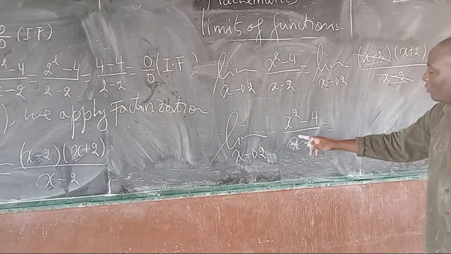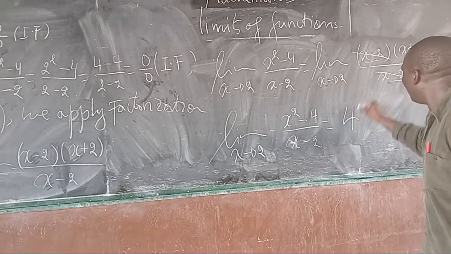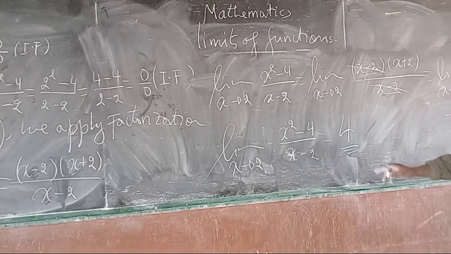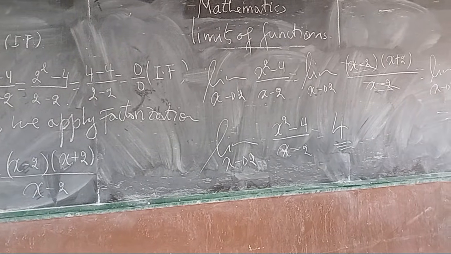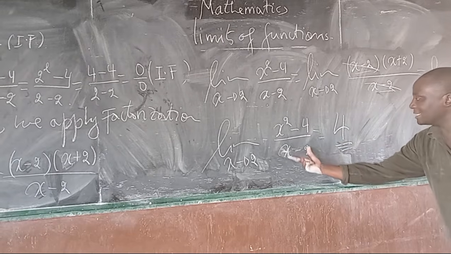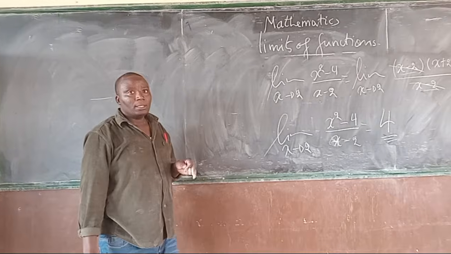Then the limit of our given function where x approaches 2 equals 4 exactly. This 4 equals the maximum point of my given function where it approaches 2.